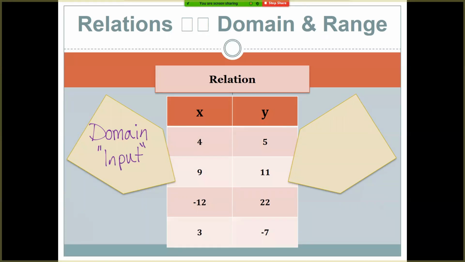And then the y values over on the right side are your values for your range or your outputs. That's the result, what you get when you press that button, or you insert that value.